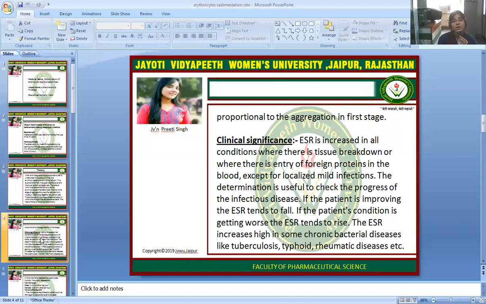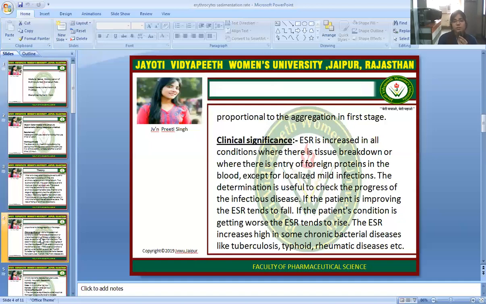Now we come to the clinical significance in human anatomy and physiology. ESR is increased in all conditions where there is tissue breakdown or where there is entry of foreign proteins in the blood. Except for localized mild infections, the determination is used to check the progress of infectious diseases.